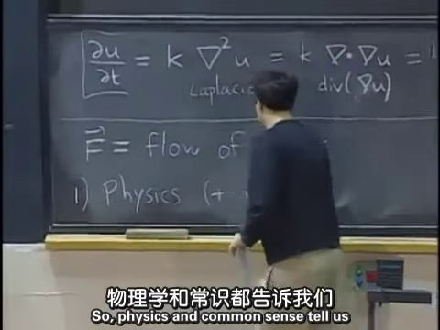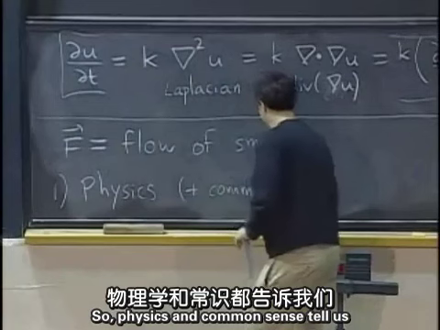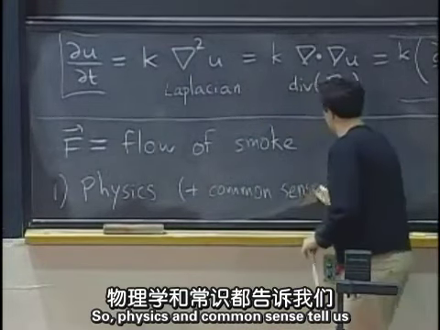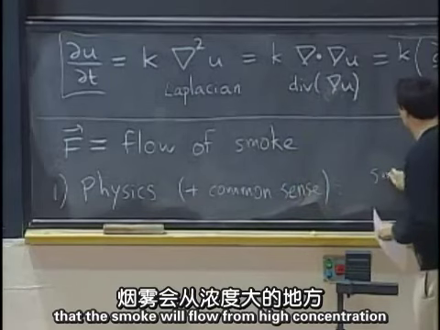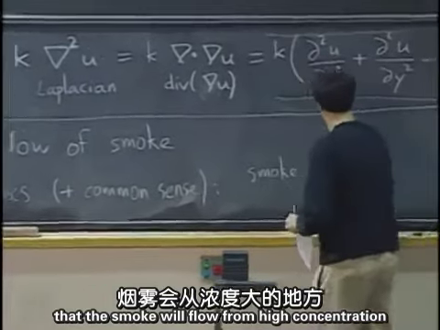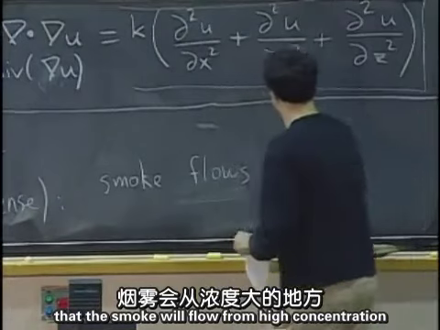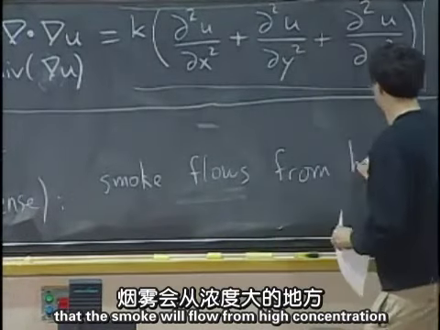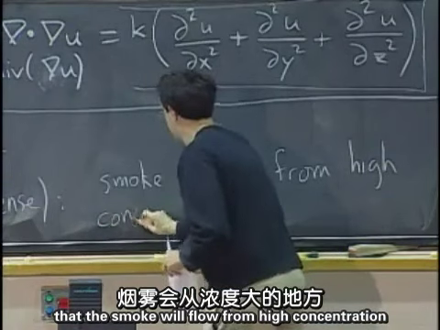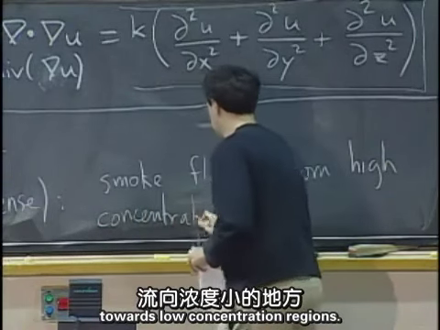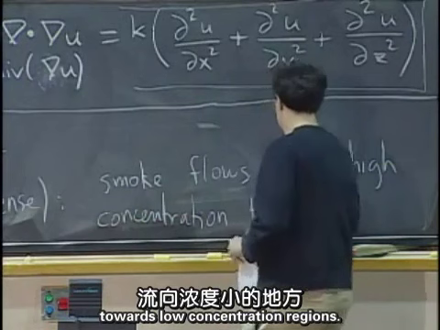So physics and common sense tell us that the smoke will flow from high concentration towards low concentration regions.